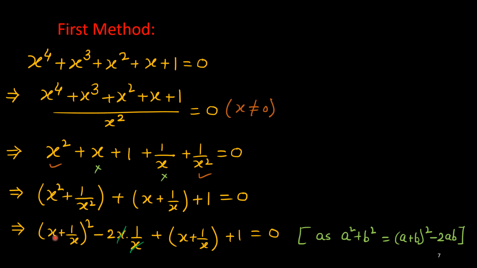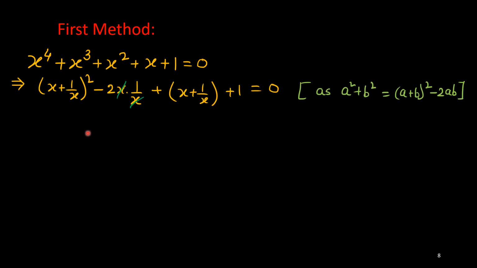So it becomes x plus 1 upon x whole square minus 2 into x into 1 upon x, and this x and x will cancel. You will see this is the whole square part, x plus 1 upon x, same thing. Now this is minus 2 and this is plus 1. The two I can combine, it will give you minus 1. Thus the final equation is this one.